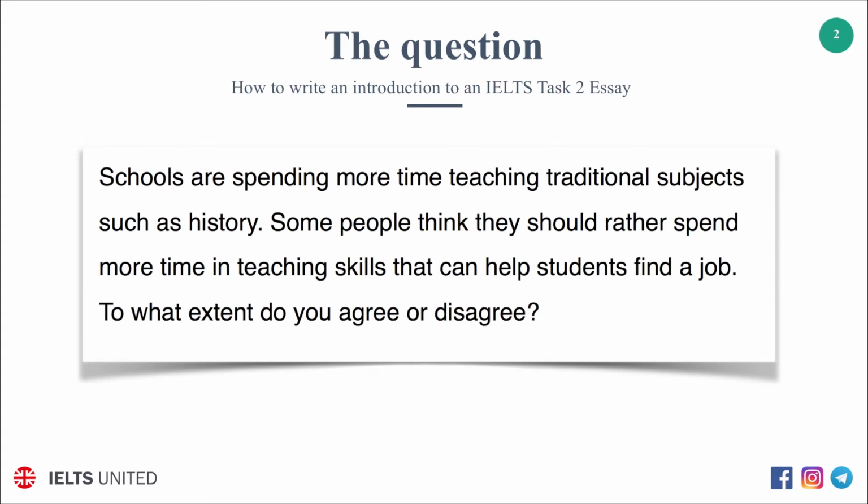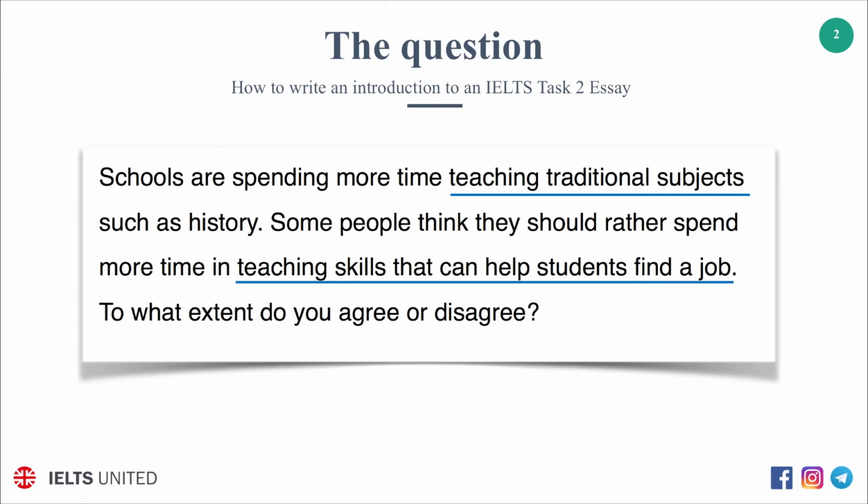First, let's look at the statements. IELTS have told us that we're talking about teaching traditional subjects and teaching skills that can help students to find a job. And by traditional subjects, they give us an example, like history, and in teaching skills that can help students find a job, we're thinking about practical skills, workplace skills.